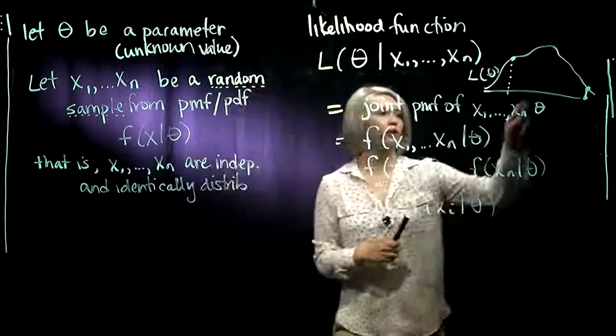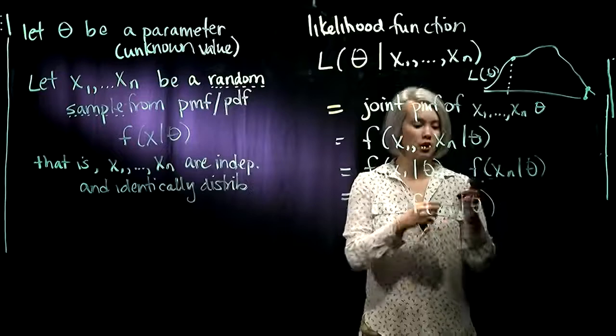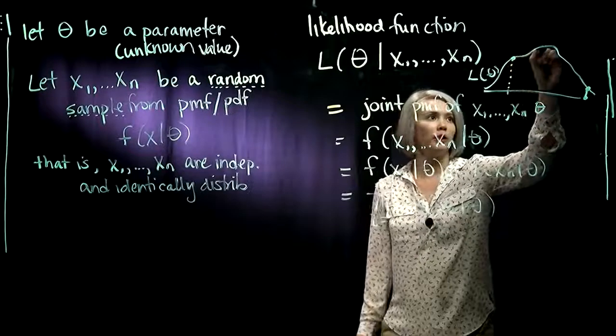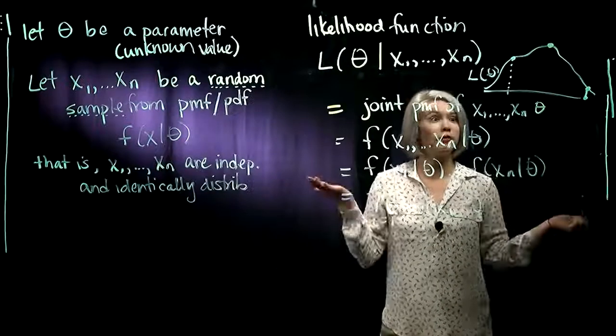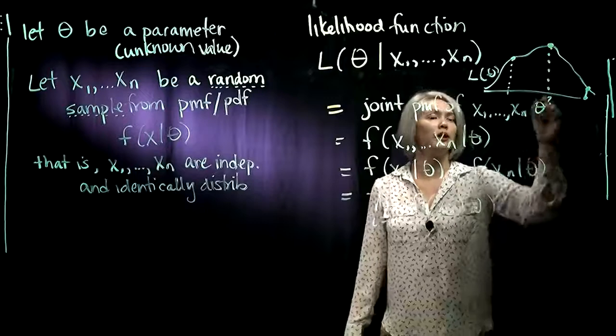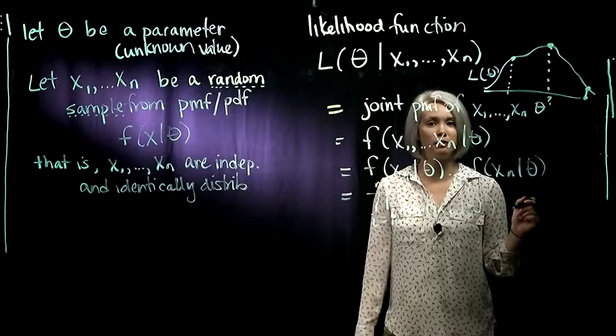So if we look back to this little picture of our likelihood function, a logical thing to do would be follow this uphill and try to find the most likely value of theta. So we're wondering, what is this value here of theta that maximizes the likelihood function?